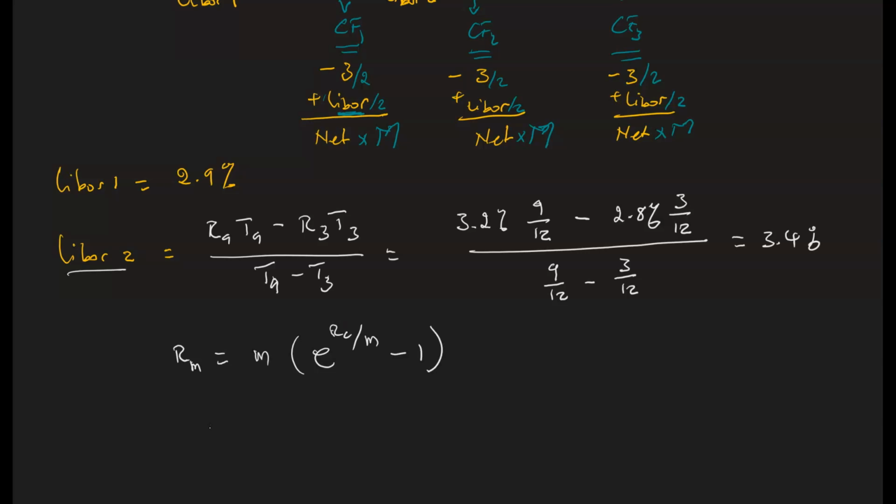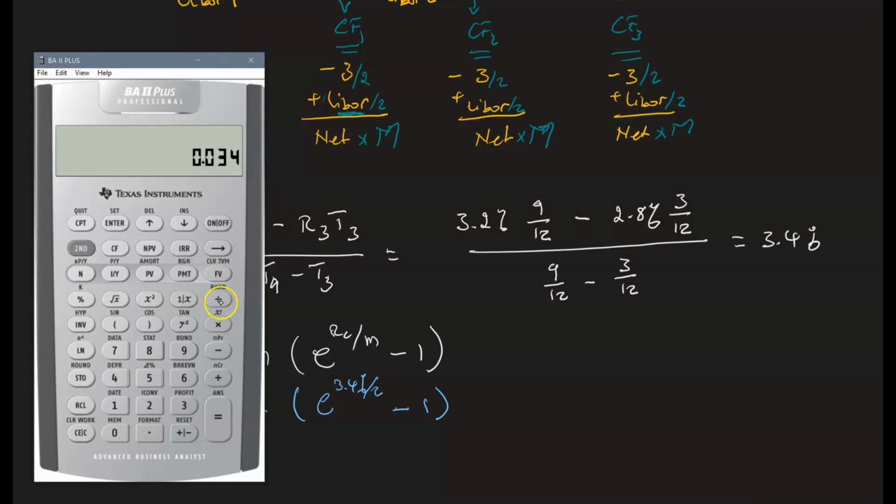So that's going to be equal to 2, because it's semi-annual, times the exponential of 3.4% divided by 2, minus 1.